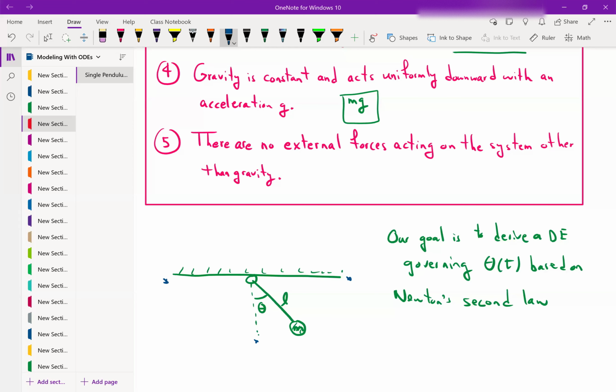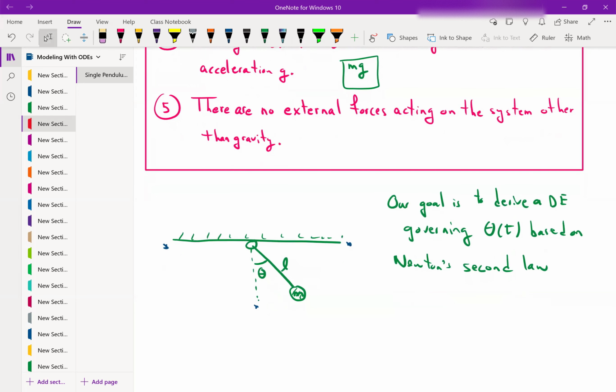So let me actually write this down as well, and then I will set up my coordinate system and draw the free body diagram. So we assume theta of t is between negative pi over 2 and pi over 2.